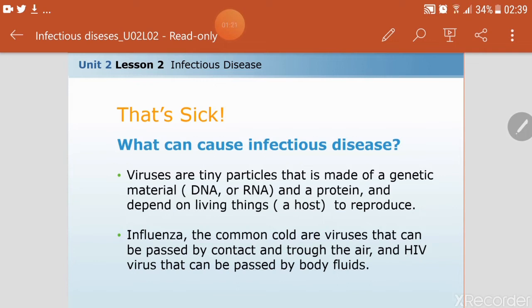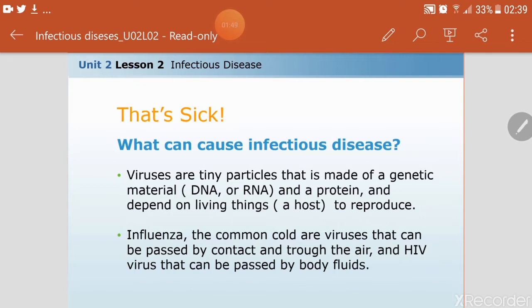So you will ask, how can the virus reproduce in our bodies if it enters? Yes, it will replicate. Here we don't say reproduce, we say replicate. It means it will make copies of itself. How? Inside a living cell.